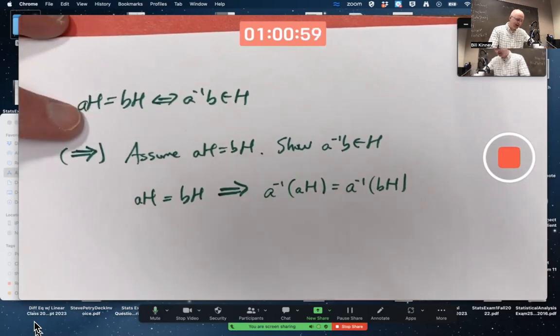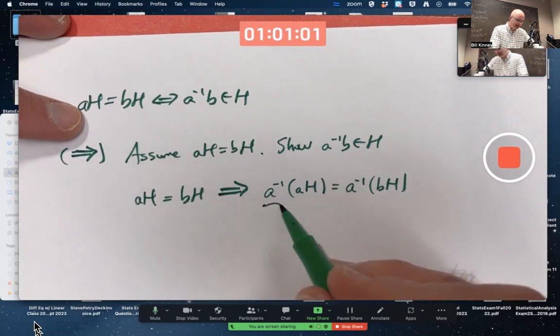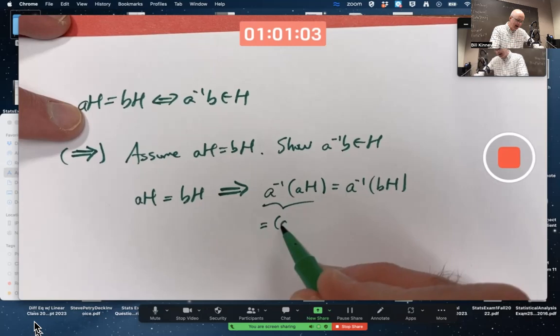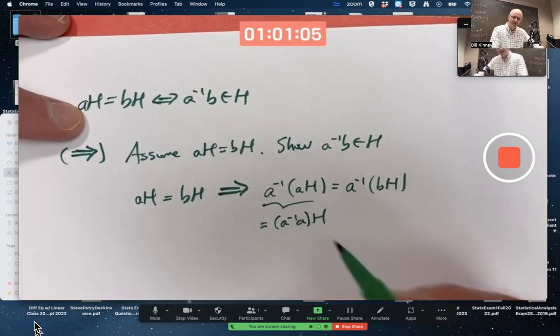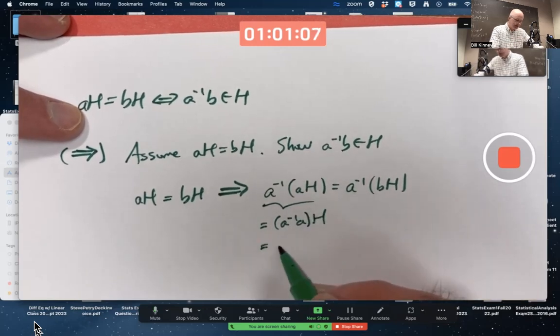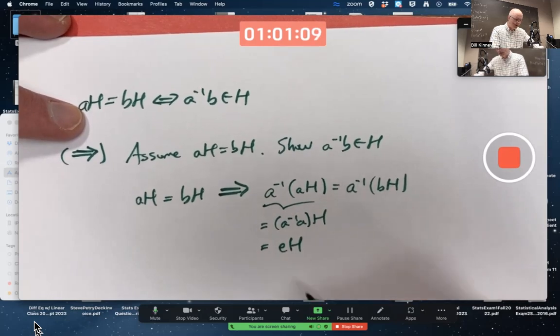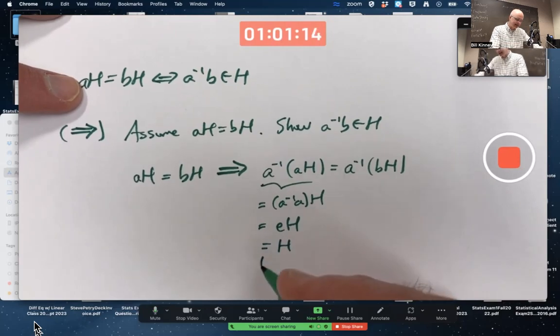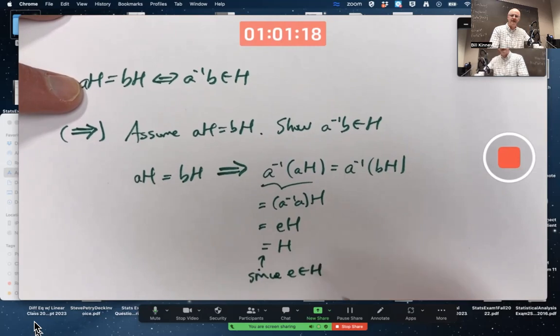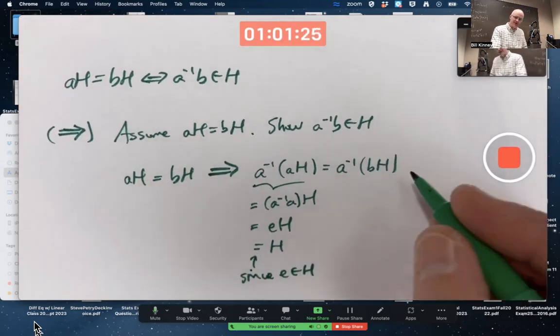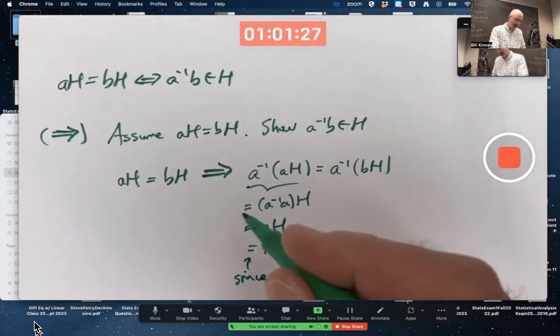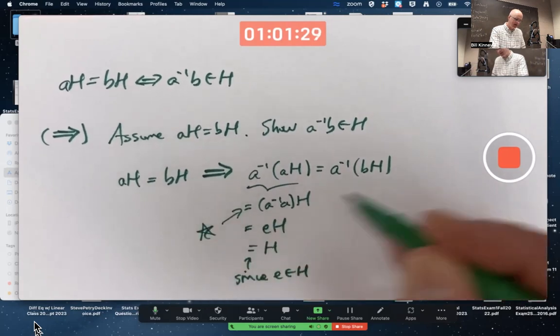So I can use that property to say this equals A inverse (AH), which equals EH, which does equal H since H is a subgroup. So E is in H. I can also use the associative law that I used right there here as well.